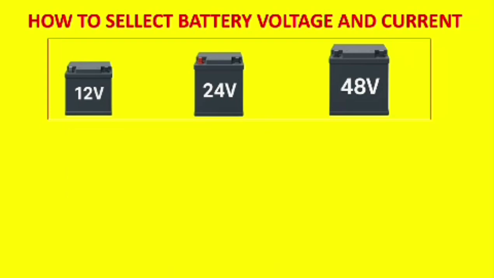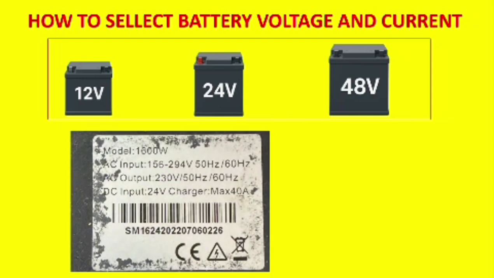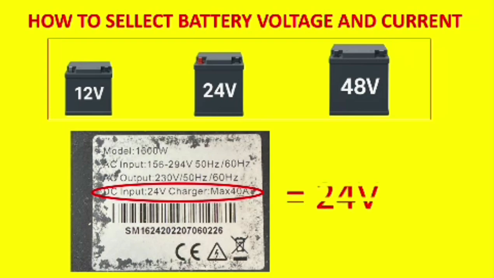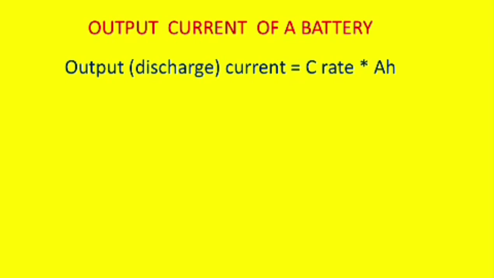This is my home inverter datasheet, and it shows what the DC input voltage should be. According to this, my battery voltage should be 24 volt. If you need to know the battery output current, you can just multiply the ampere hours by the C rating.